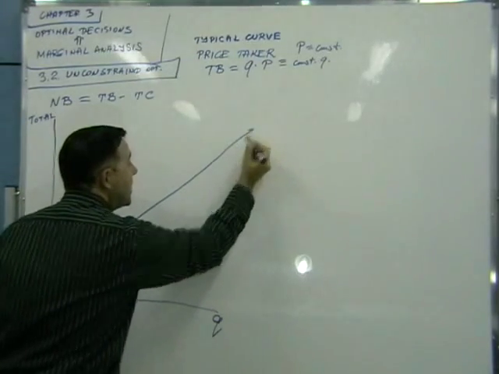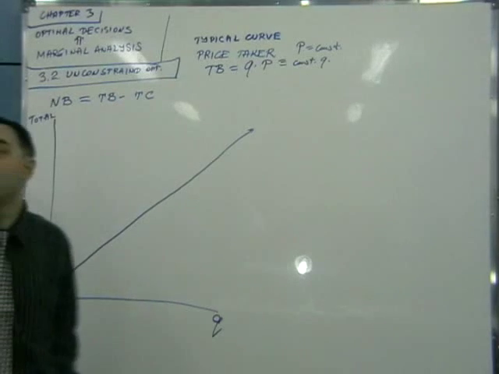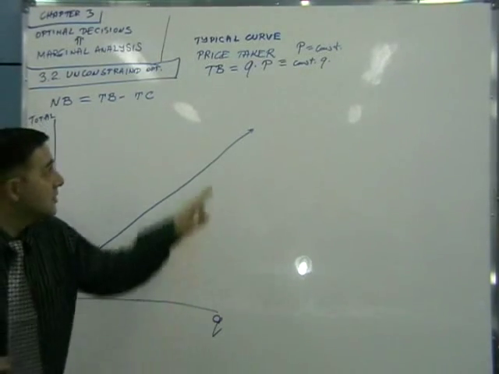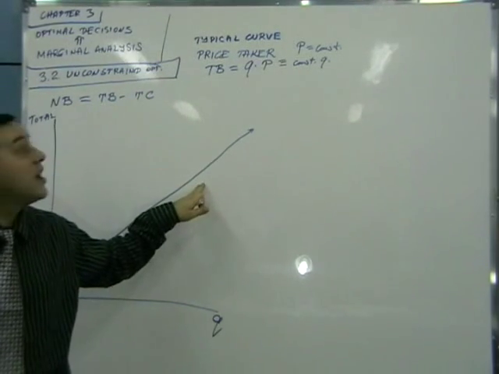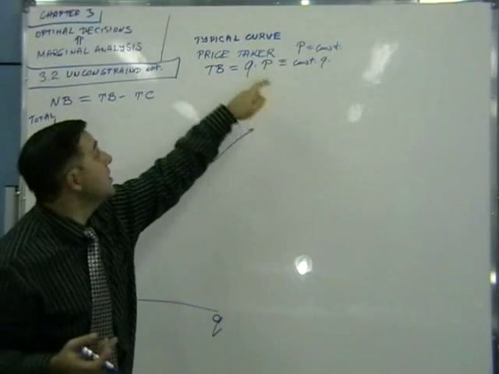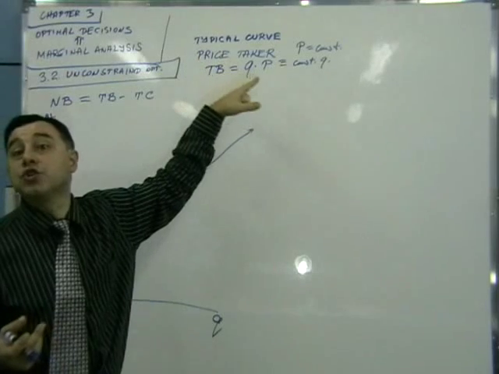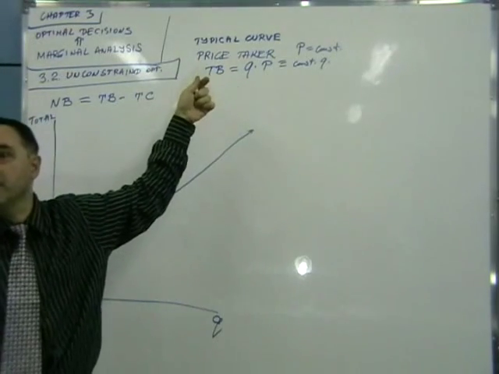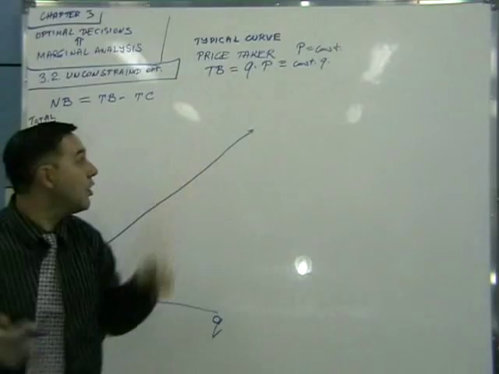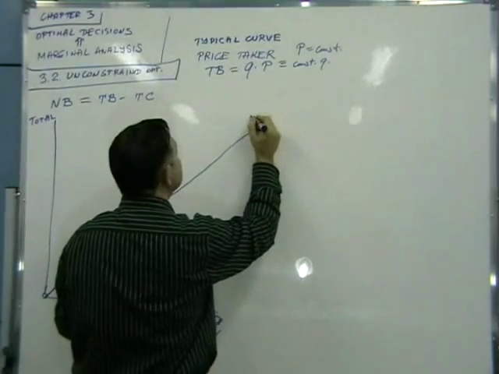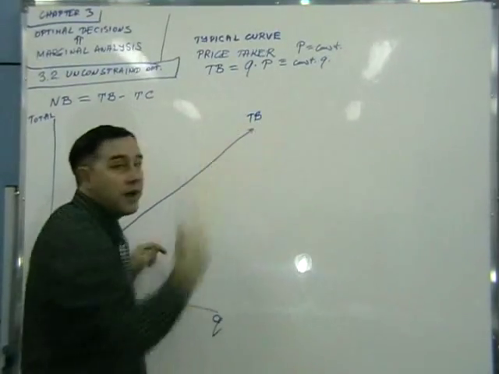It is just a straight line up, because the relationship is linear. In other words, you double the quantity, you double the revenue. You triple the quantity, you triple the revenue. You quadruple the quantity, you quadruple the revenue. So this is total benefit, alright?